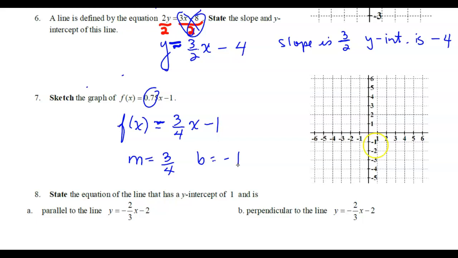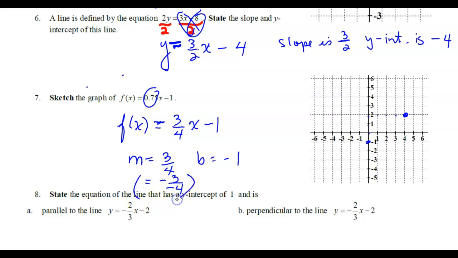We always start with the y-intercept. Whenever you're graphing, you have to start with a point. So the y-intercept and then the slope, up 3 to the right 4. I've run out of grid, but I'd like to get another point. So we could also use -3 over -4 for slope, because that simplifies to 3/4.